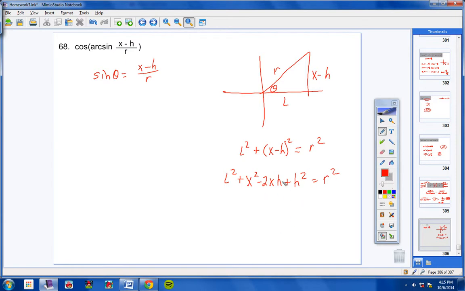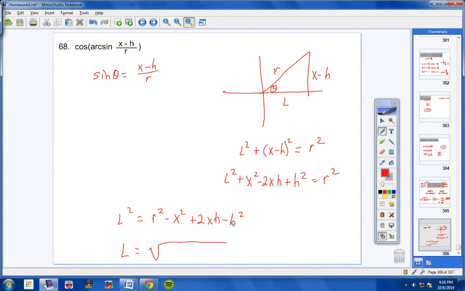Now, if I bring all of this over right here, what I'm going to have next is this. L squared equals r squared minus x squared plus 2xh minus h squared. Okay? And then we take the square root of both sides. To be honest with you students, probably what I should have done is just left this x minus h quantity squared and brought that over to the other side and made it negative, and just left it in the parentheses.